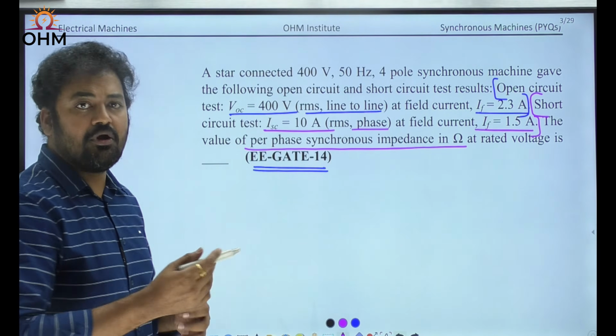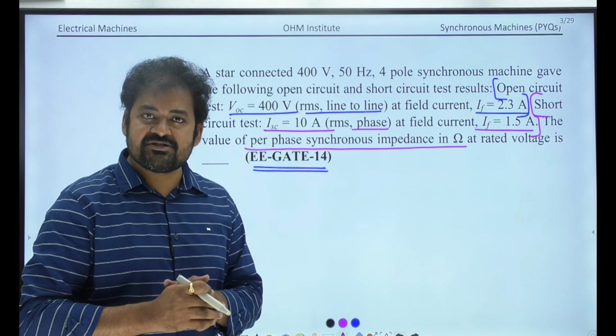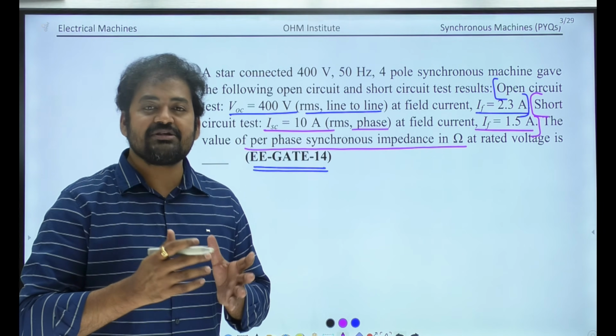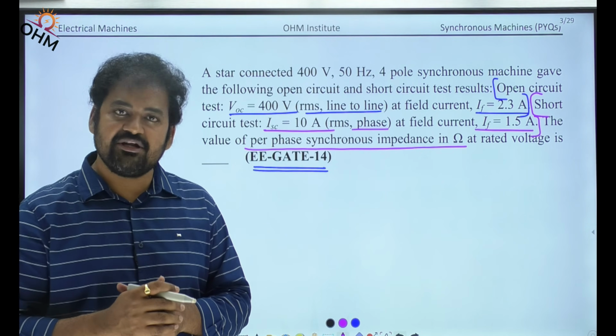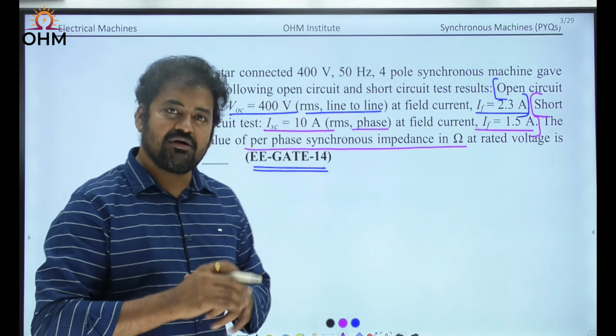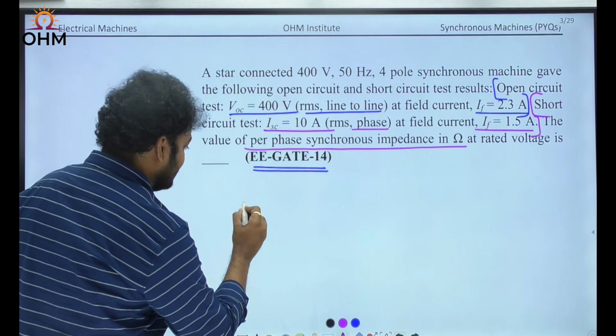This is a question from the OC and SC test data of a synchronous machine, and we know that by using open circuit test and short circuit test details we can find the synchronous impedance of the machine. What is the formula?